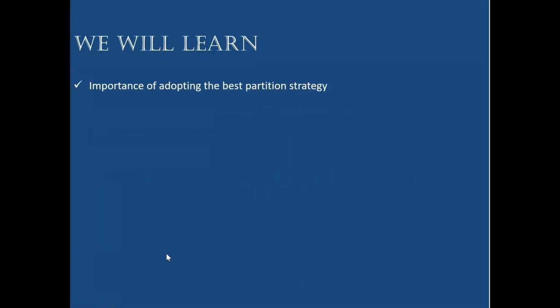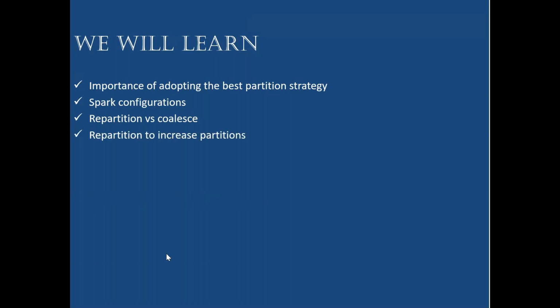So we will learn the importance of adopting the best partition strategy, Spark configurations, and repartition versus Coalesce transformations. Repartition is basically used to increase the partitions, and you can also use repartition to decrease the partitions.